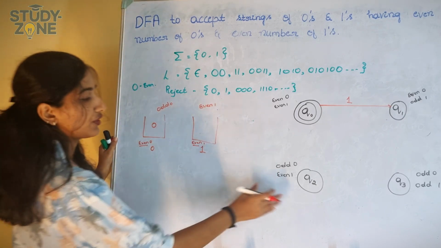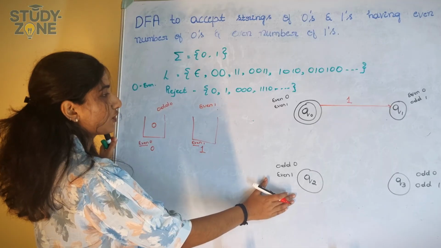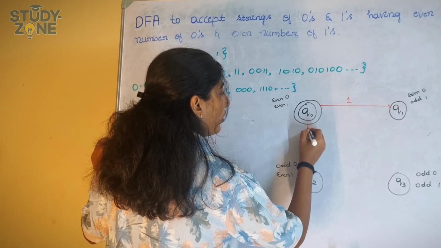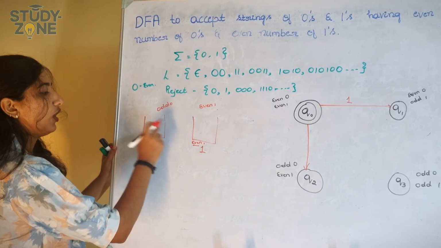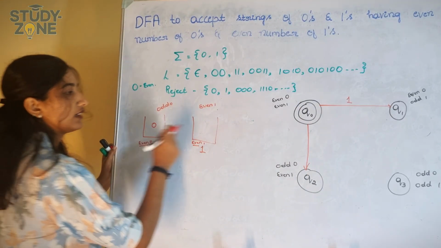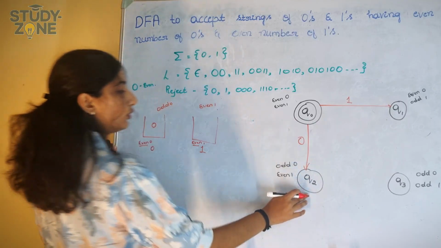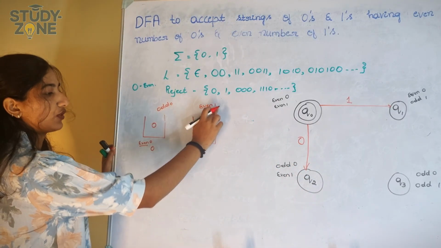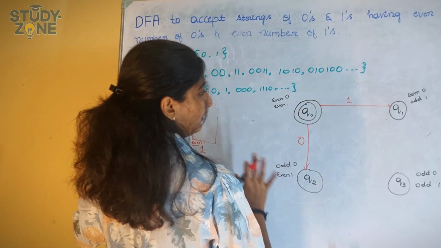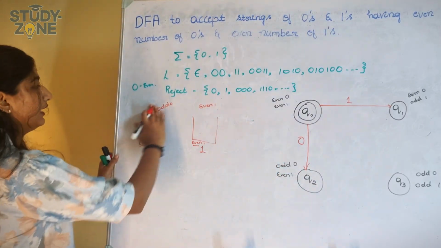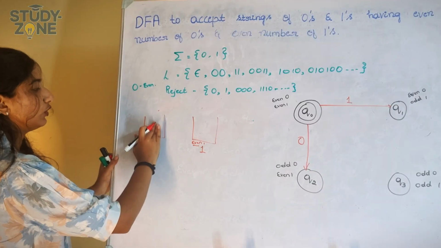Which state has odd 0, even 1? Q2 state. So Q0, which means even 0, even 1, on 0 moves to the Q2 state, which means odd 0, even 1. So Q0 is done. Now let us check it for Q1.